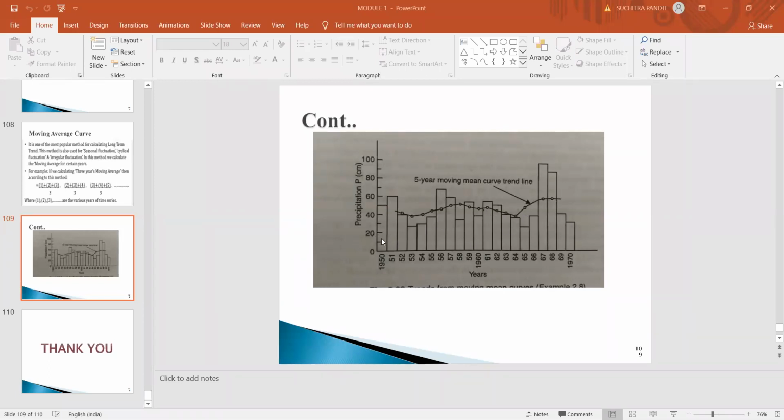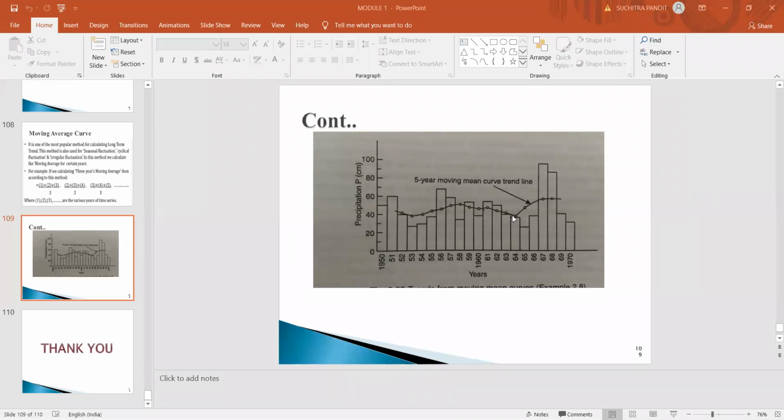It is better to consider 5 values so that you can mark the average at the mid of the group. You will get these points, and if you join these points by a smooth curve, that is the 5 years moving mean curve trend line. You can predict the trend of when the rainfall is intense and when it is less in a particular year.